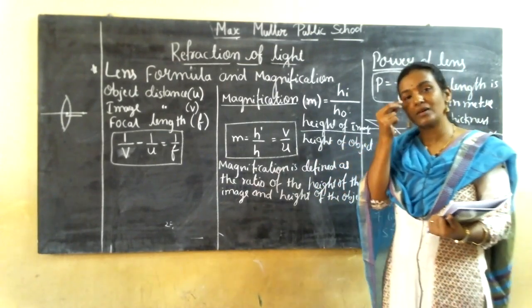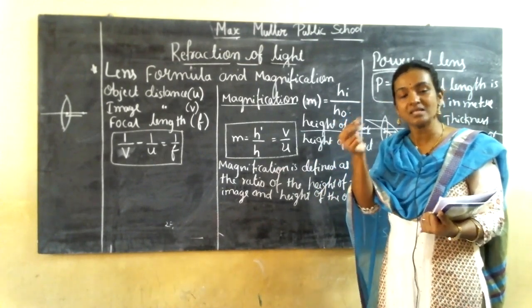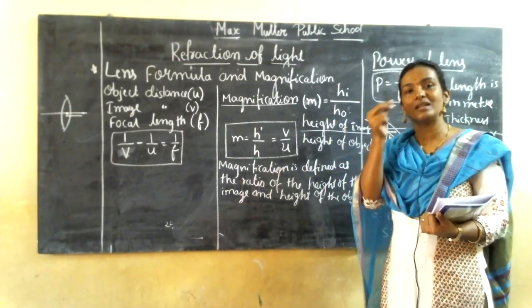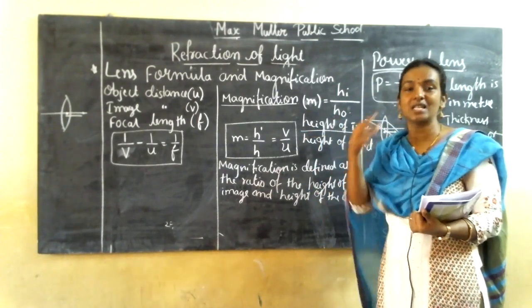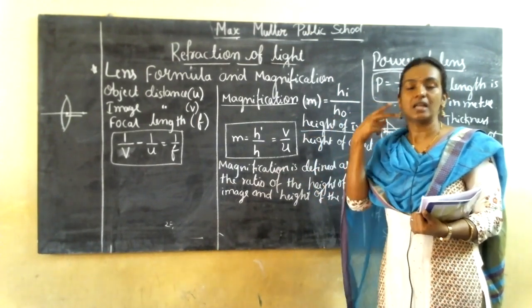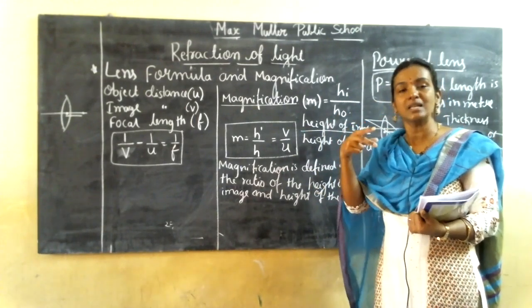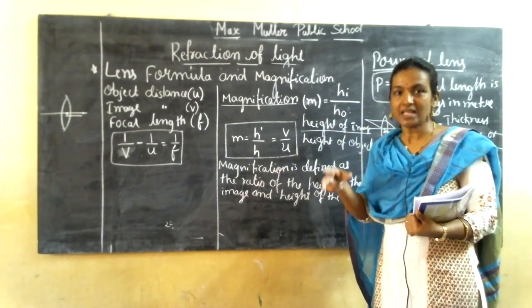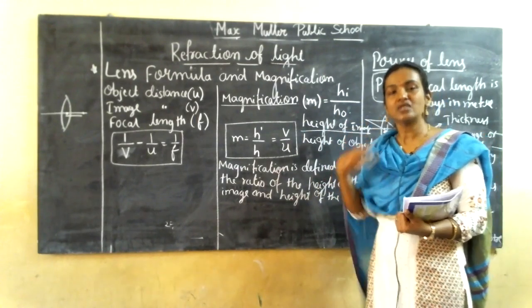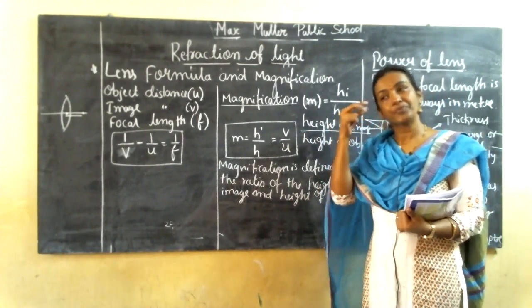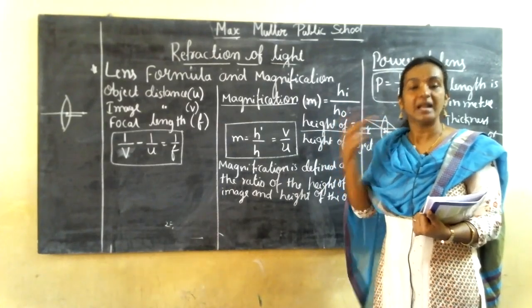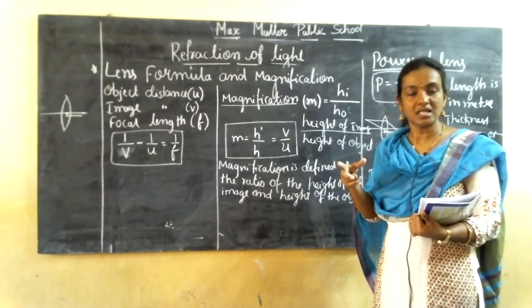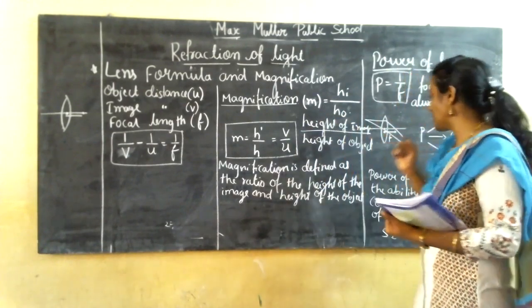How much power your lens is having means how much ability your lens has to look at that object, whether it is magnified, whether it is direct, whether it is the same. It depends again on the distance. Clear? So power of a lens depends on the height, image, erect, magnified, and distance.